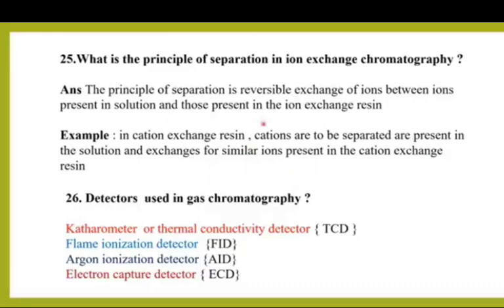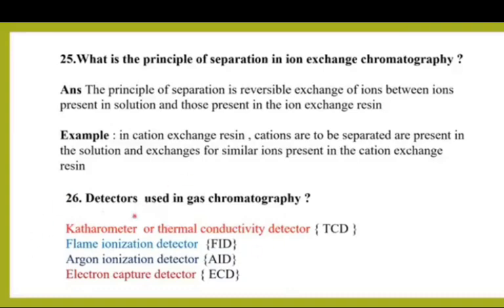Similarly, for anion exchange resins, the anions which are to be separated are present in the solution and exchange for similar ions present in the anion exchange resin. I haven't mentioned the anion exchange resin on the screen, but I have mentioned it with my words.